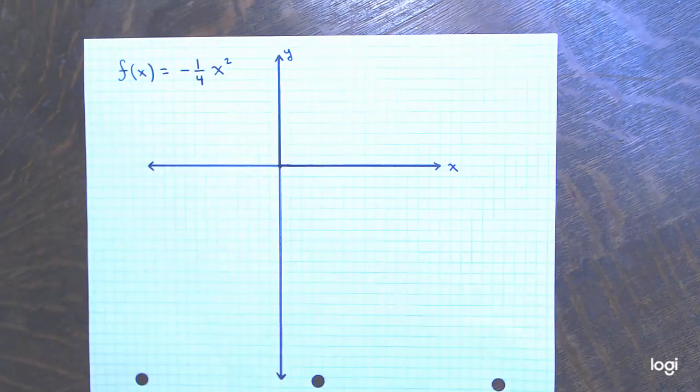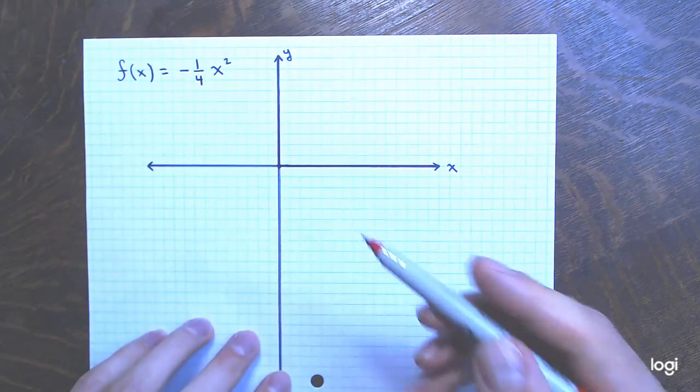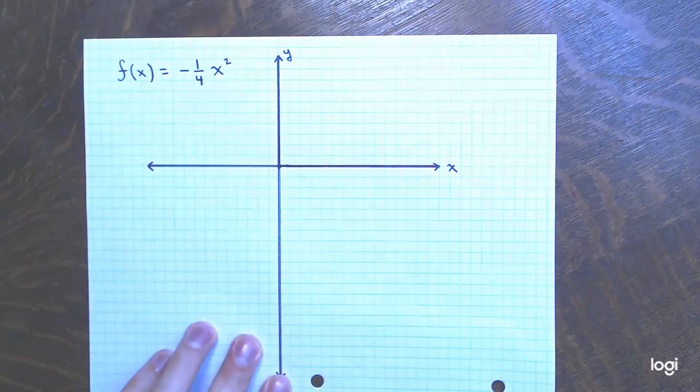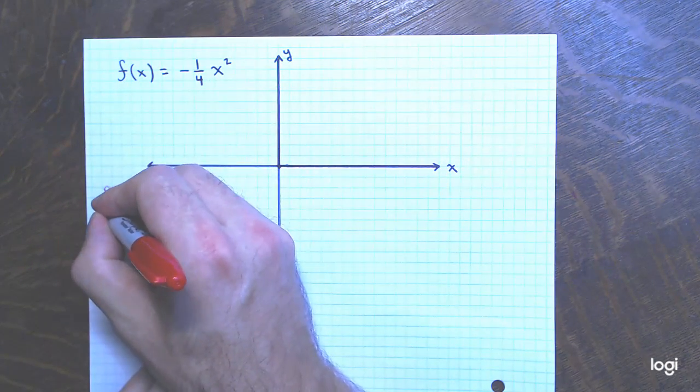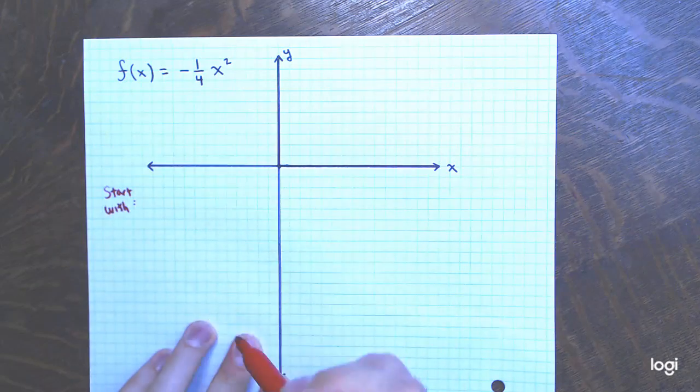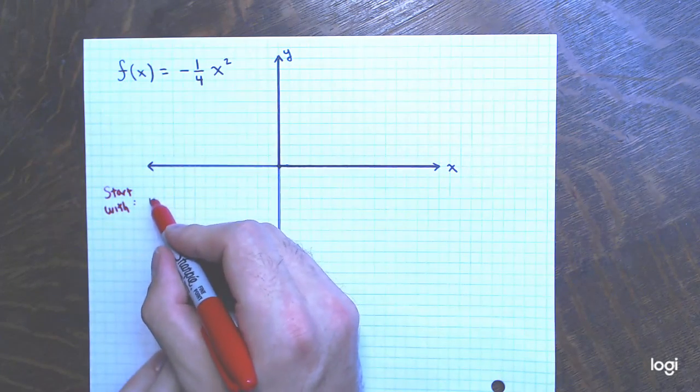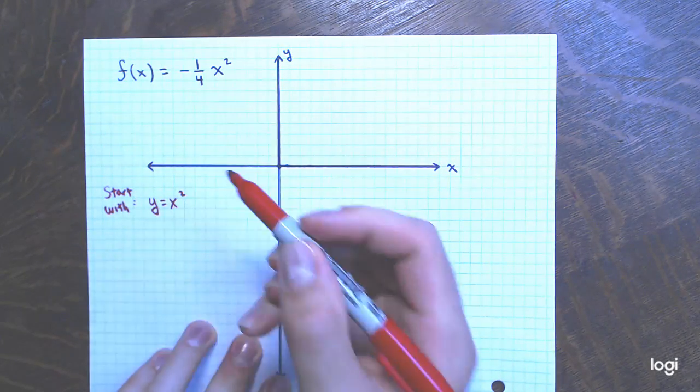As before, I'm going to start with y equals x squared. Let me write that down over here. I'm going to do that in this red color.